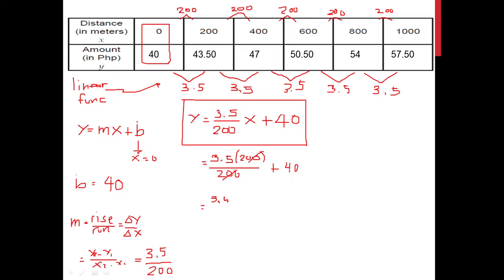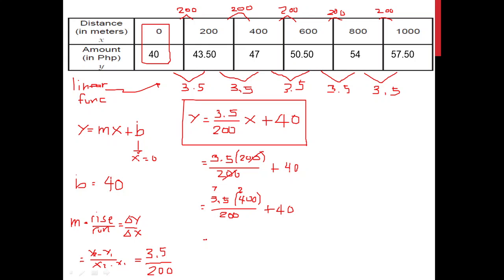Next, 3.5 when my x is equal to 400, over 200, plus 40. So there, we can simplify that, right? 400 divided by 200, what's left here is 2. 2 times 3.5 is 7. So you have 40 plus 7, that is 47.